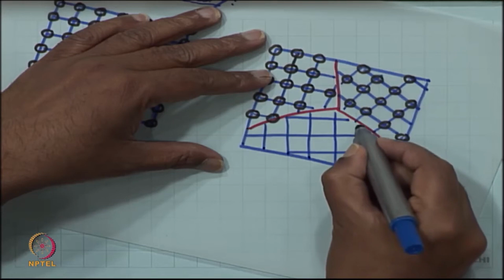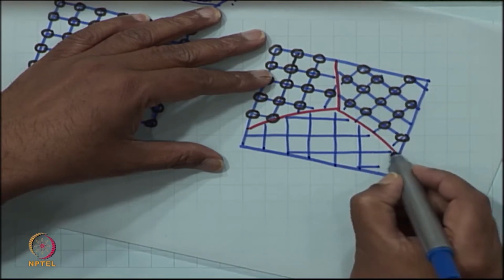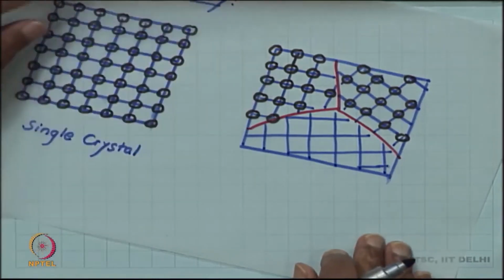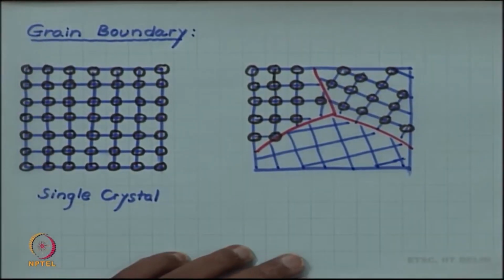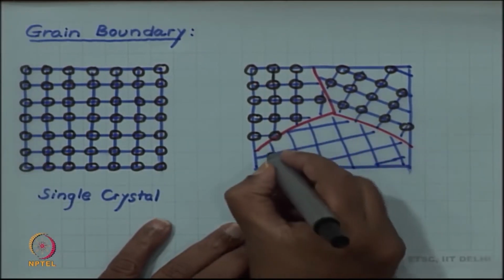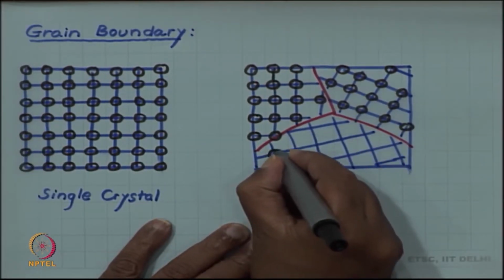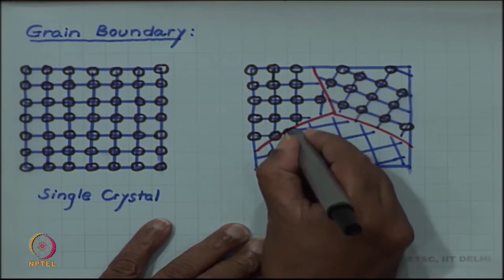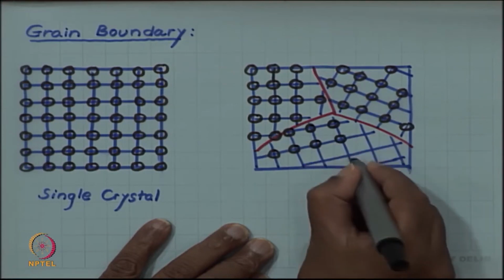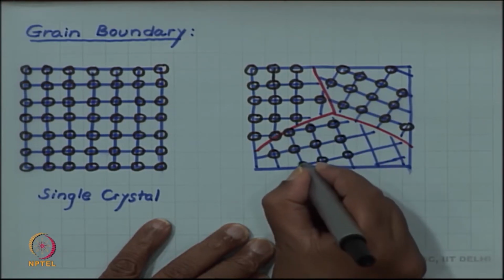So, the idea is that in the same sample, we have the same crystals, but in different regions the crystals are oriented differently. So, the unit cell size and shape is the same, but as I cross these red lines, the orientation changes.